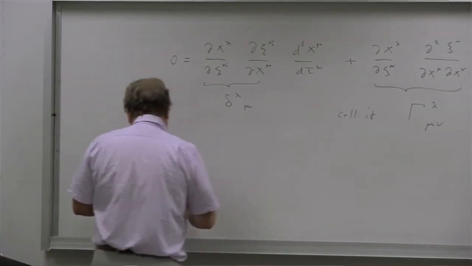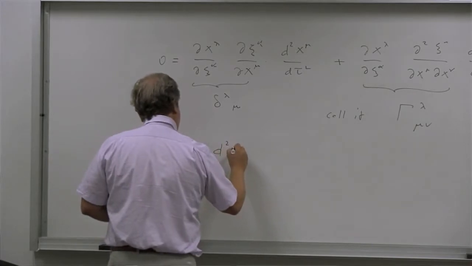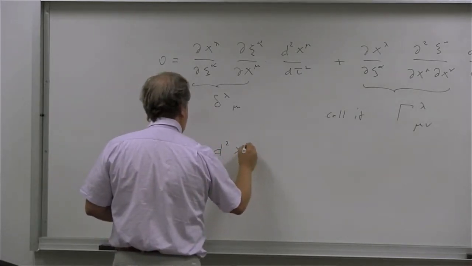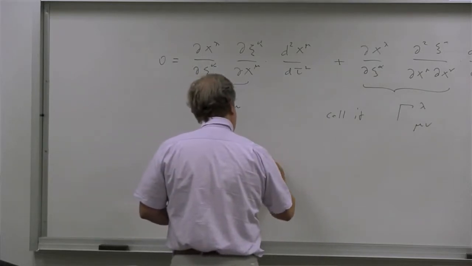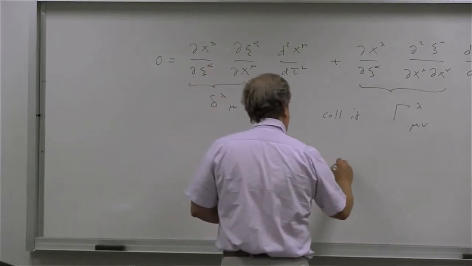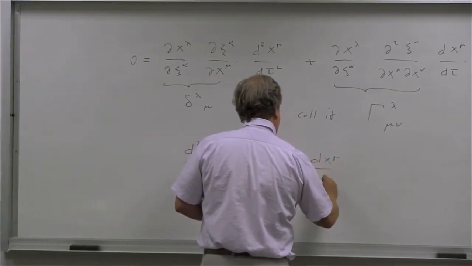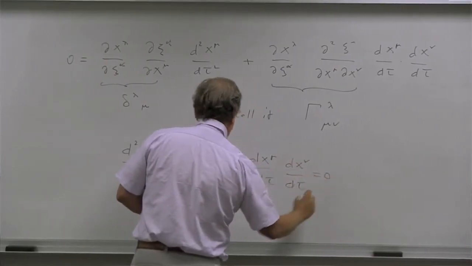That means that we have an equation: the second derivative of x lambda with respect to tau squared plus this quantity, gamma lambda mu nu, times dx mu by d tau dx nu by d tau is equal to 0.